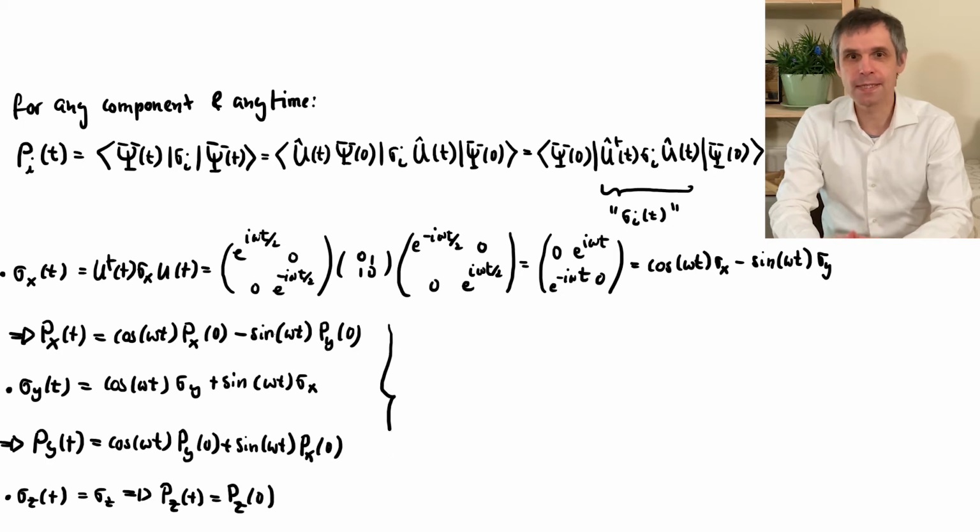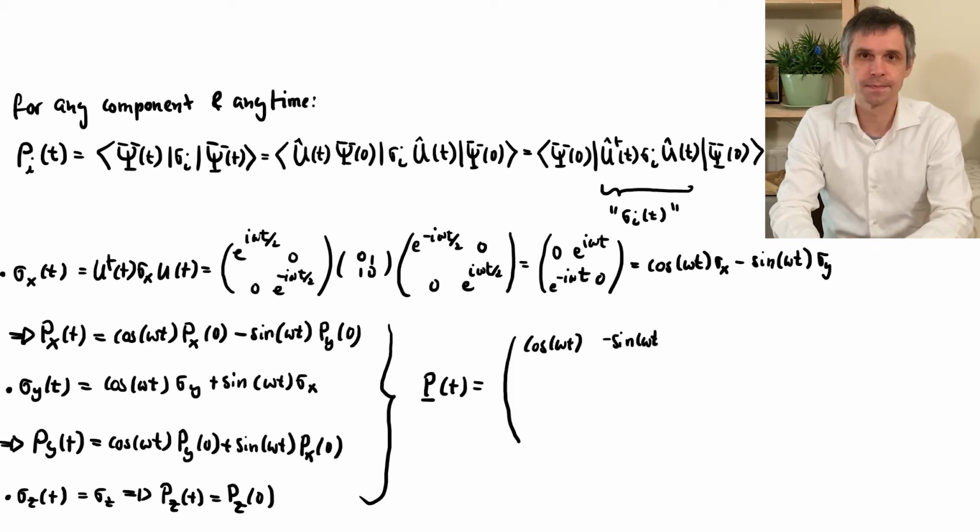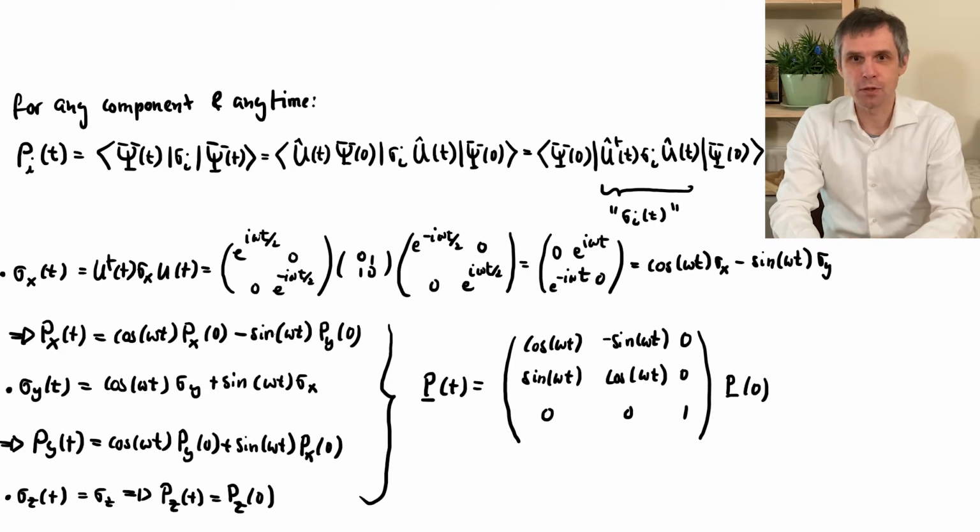We can collect these results into a single expression involving a standard rotation matrix in 3 dimensions. And what we conclude from this is that the polarization vector is then simply rotated, indeed by an angle omega t, about the z-axis.